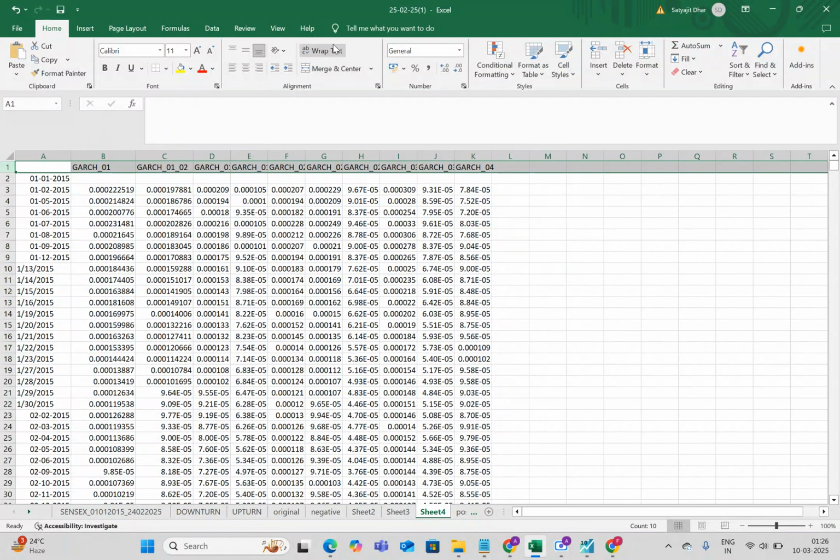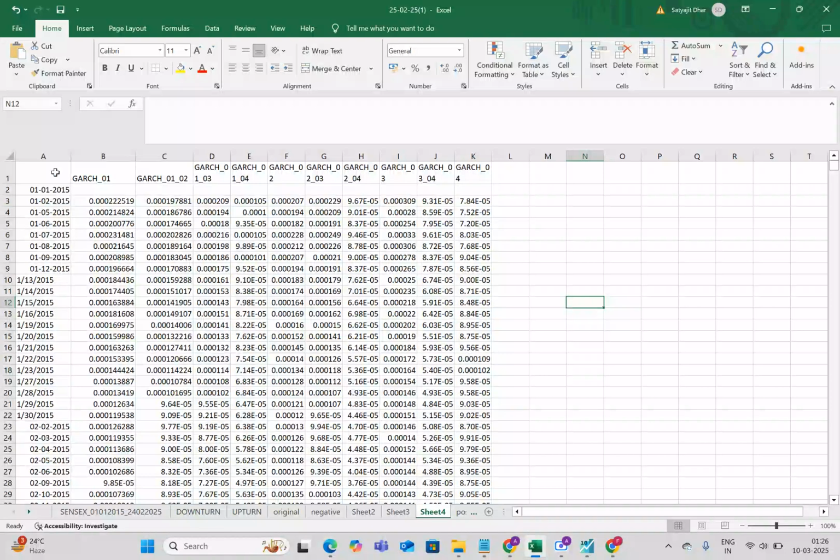First, let me give the headings properly. GARCH 1 is basically variance of Sensex, right? GARCH 1-2 is covariance of Sensex with one of the sectors, and here 2 was PSU. So this is covariance Sensex PSU.